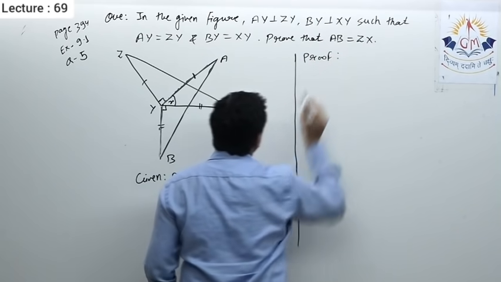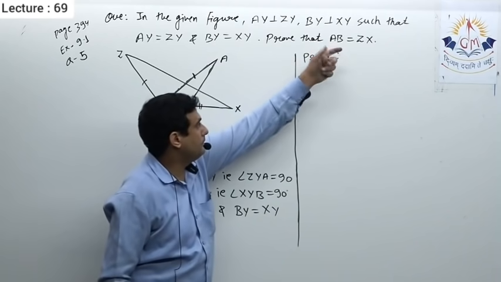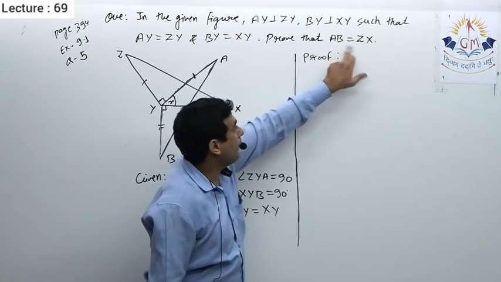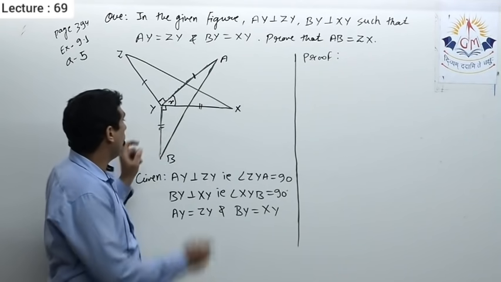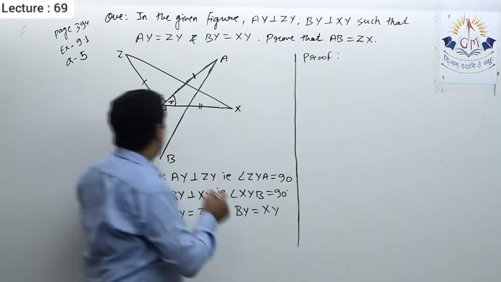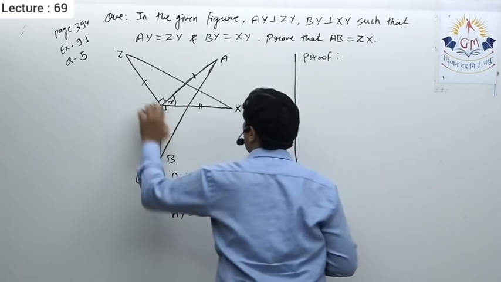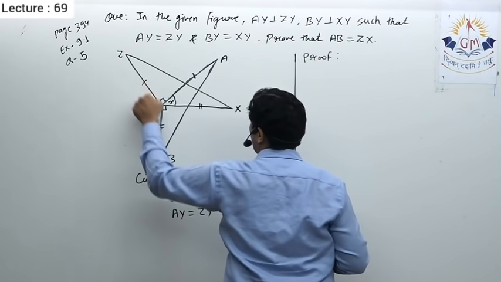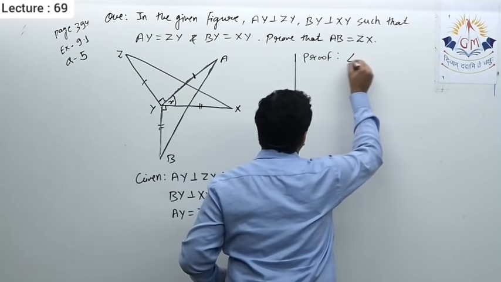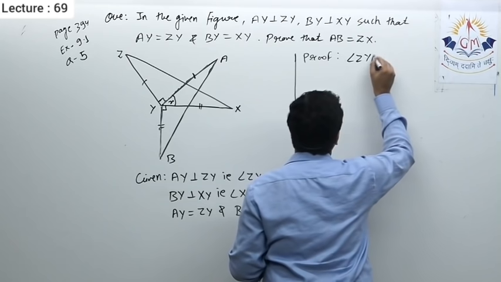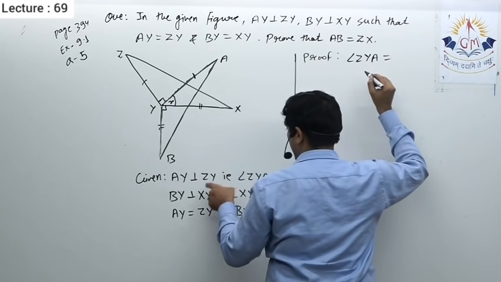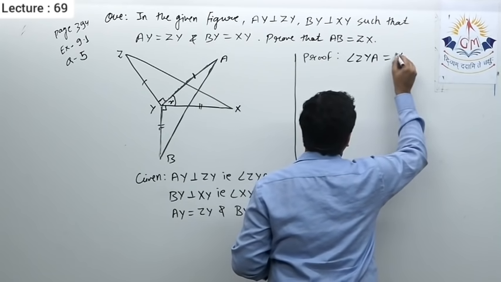Again I say that to prove AB equal to ZX, I need triangles ZYX and AYB, and over there I need this angle. So first of all I'll prove these angles are equal. I can start: angle ZYA is equal to angle XYB.